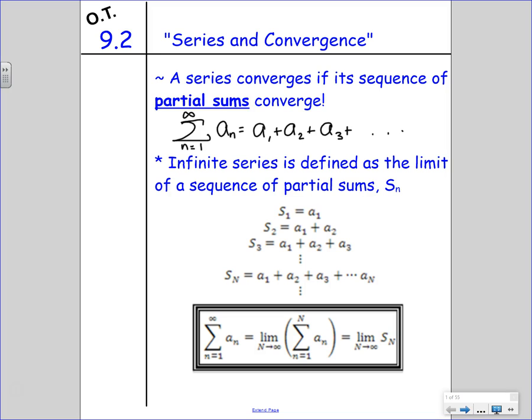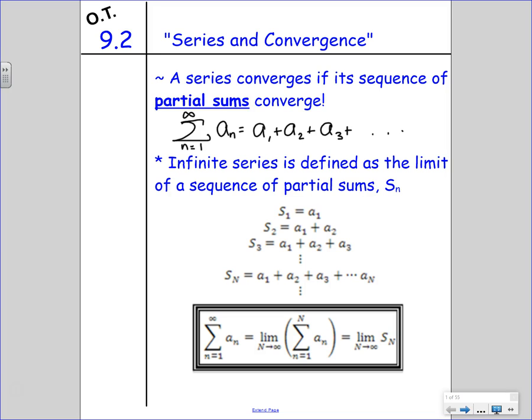The function, a sub n, or the nth term. So if the nth term converges as n, or the kth term converges as k, approaches infinity, then yes. The sequence converges if its terms converge.